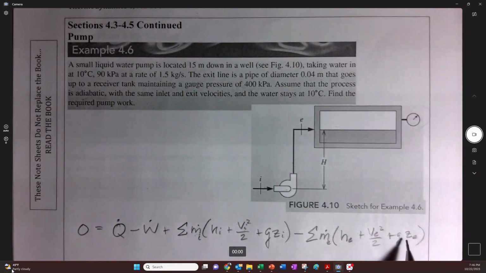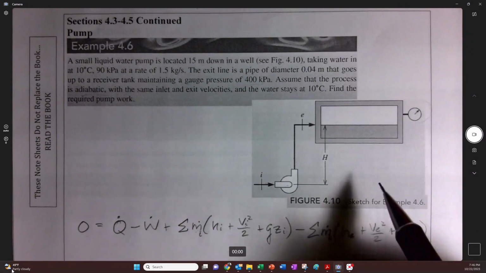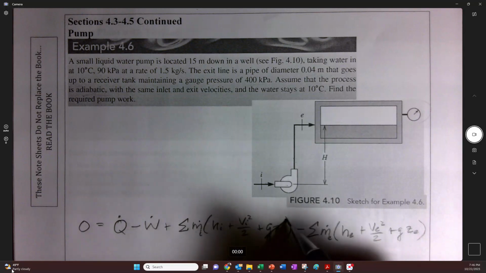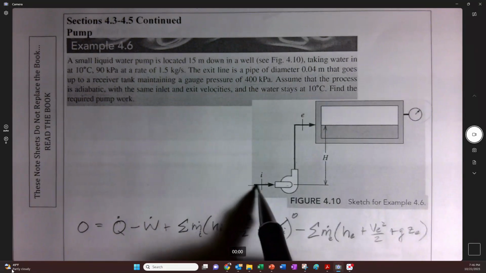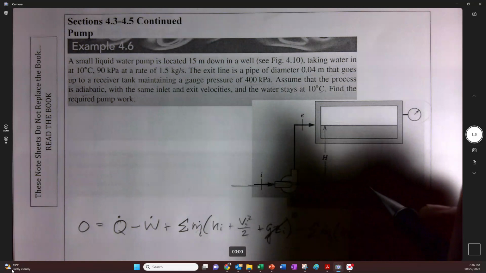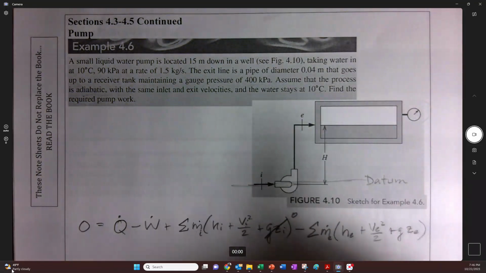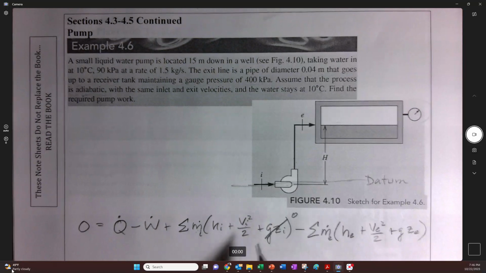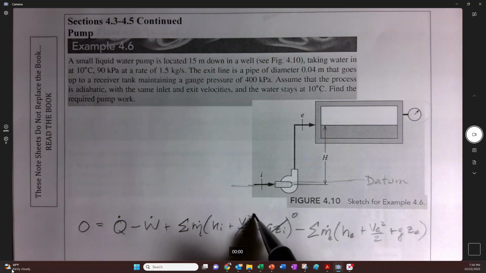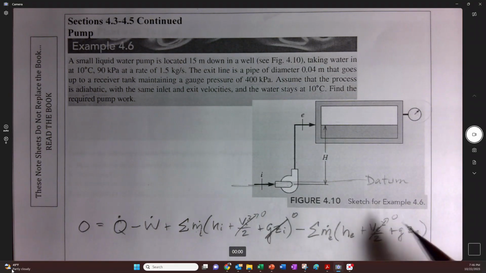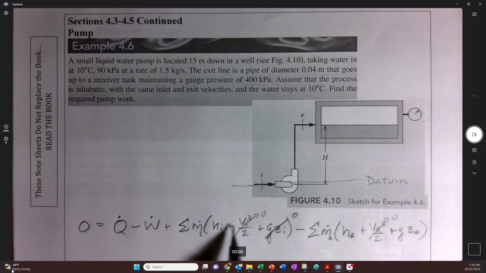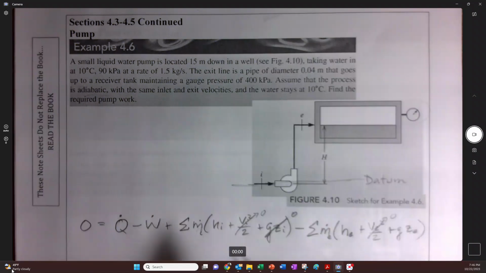These represent the potential energy, and we're going to treat this one as 0 because we're going to say this is the zero. We often call that the datum, where we're referencing the bottom of it too. The kinetic energy terms cancel each other out because they have the same velocities in and out.